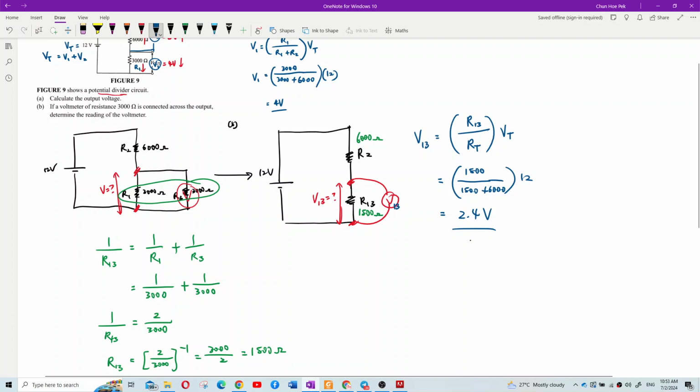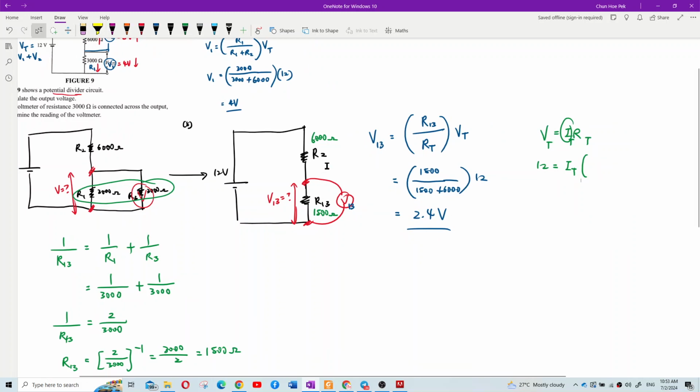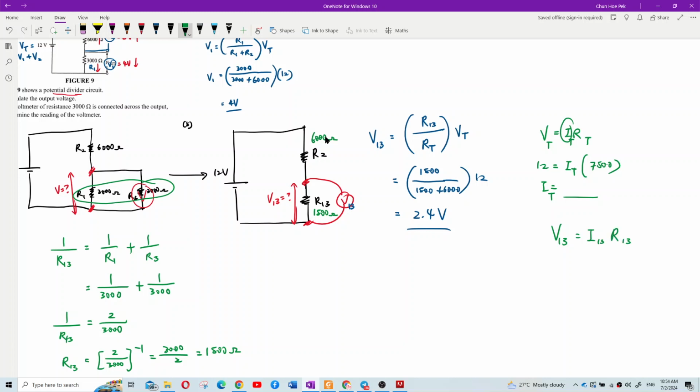Or you can use another way, the simple one. You use the traditional way, V equal to IR, find the current first. V total, I total, R total, find the current first. This is 12, find I total. R total is 1500 plus 6000, 7500. Find the total current. Then V equal to IR again, this time for V13 only. I13 multiply R13. 12 divided by 7500 is 0.0016 ampere.